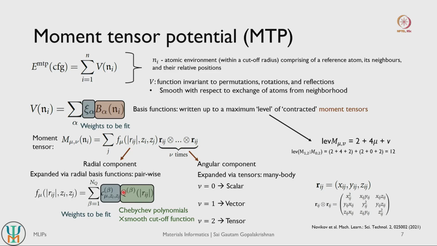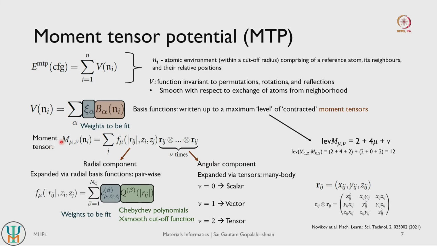These Chebyshev polynomials have standard mathematical forms. You take polynomials up to an order of beta here, which is a hyperparameter that you will have to choose, and the C terms are the weights assigned to each of your Chebyshev polynomials, and these weights will once again be determined during the fitting process. So there are two sets of weights determined during fitting, the zeta terms and the C terms.